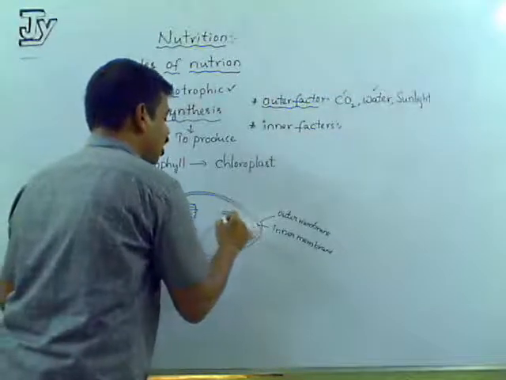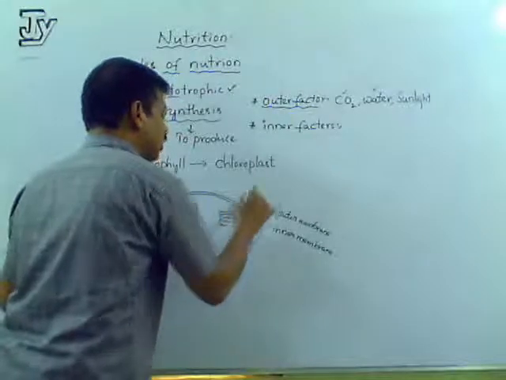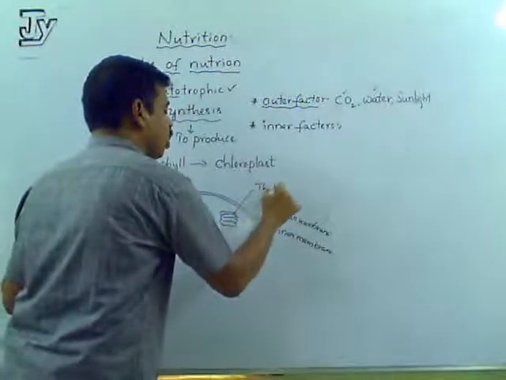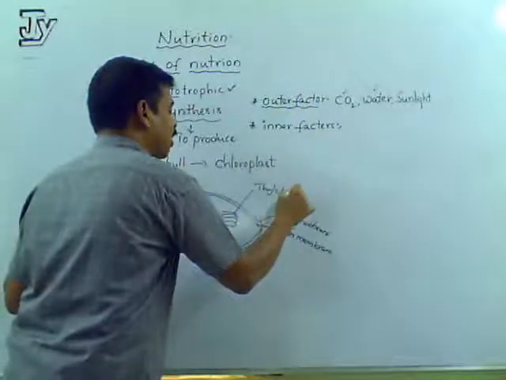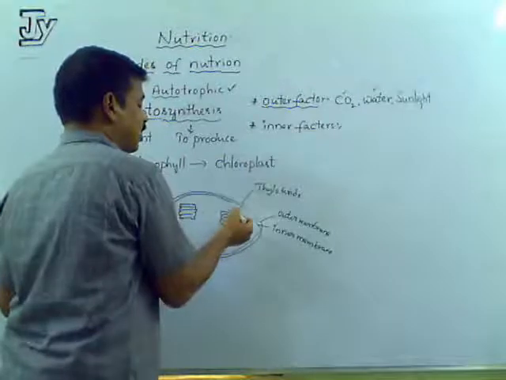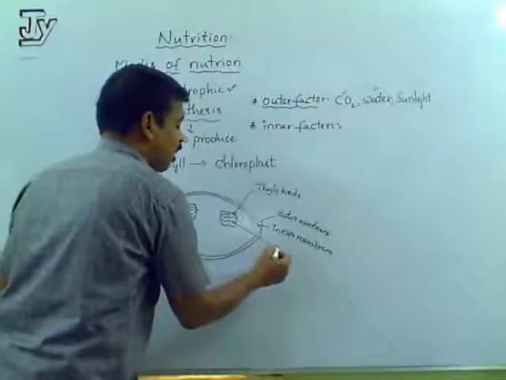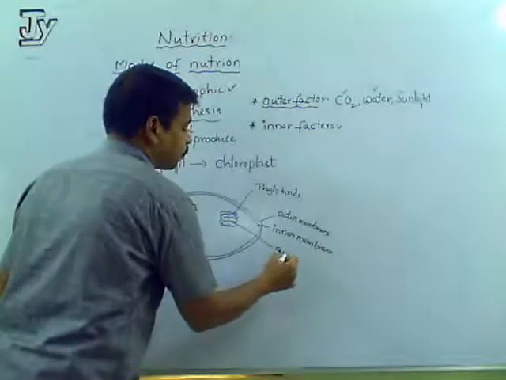These are called thylakoids. These thylakoids are in bunches. The entire group of thylakoids, the bunch of thylakoids, is called grana.